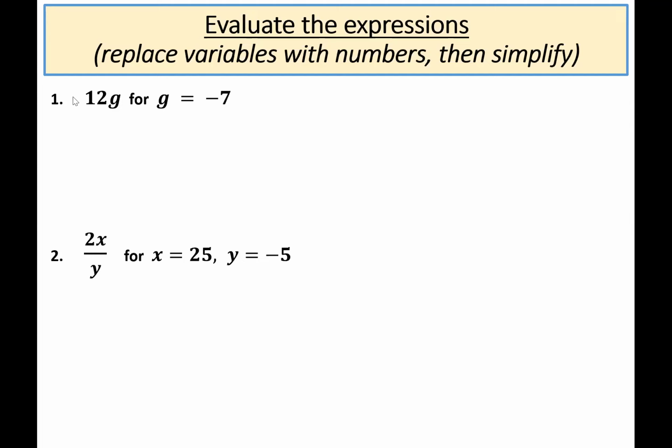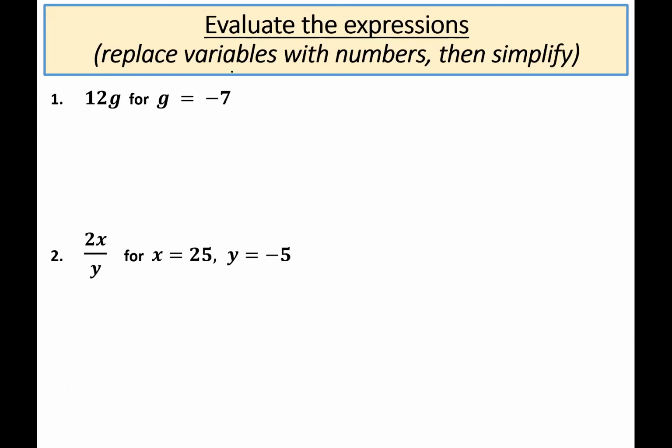Number 1, 12g, for g equals -7. If we were to put this in a complete sentence, it's evaluate the expression 12g when g is -7, or for g is -7.